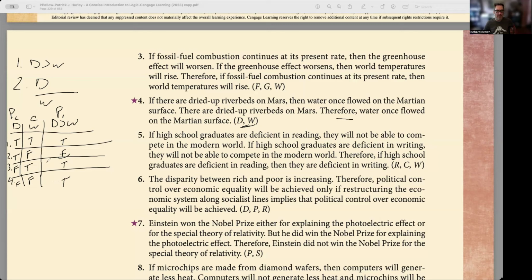So you could have true premises, true conclusion, or false premises. What you can't have is true premises and a false conclusion. So this argument doesn't have that. There is no case where premises 1 and 2 are both true and the conclusion is false. So therefore, this argument is valid because every time the premises are true, the conclusion is also true. So there would be no counterexample to this kind of argument.